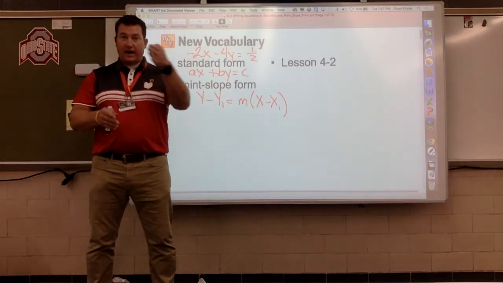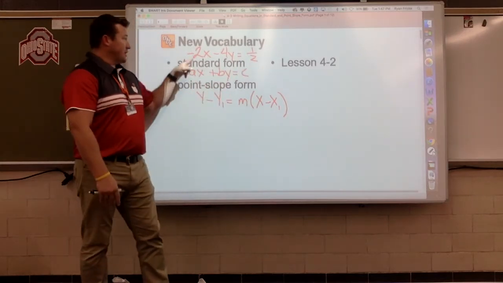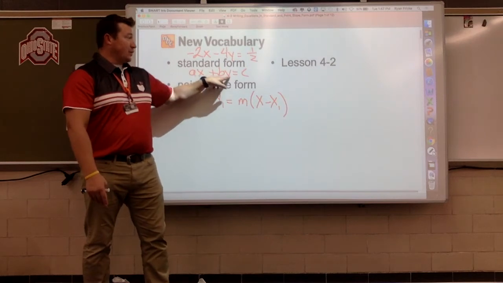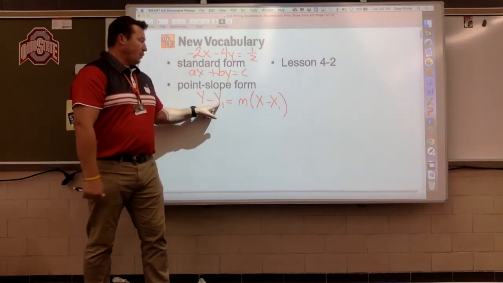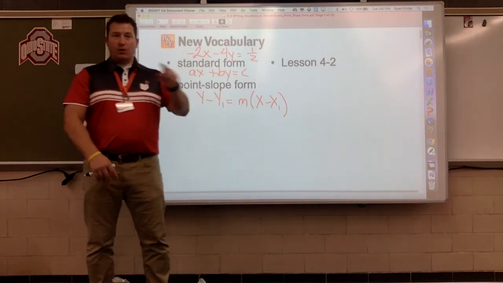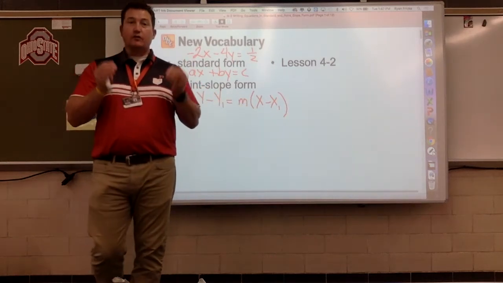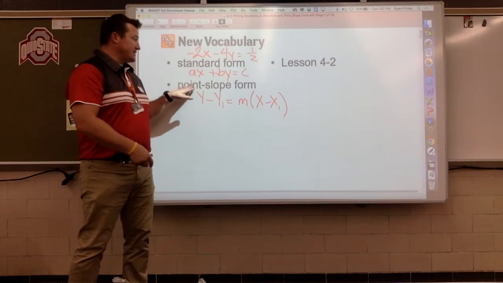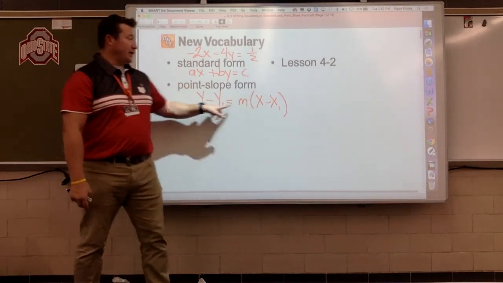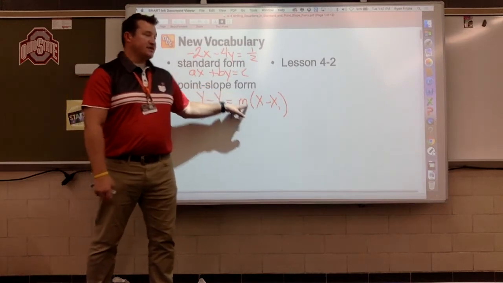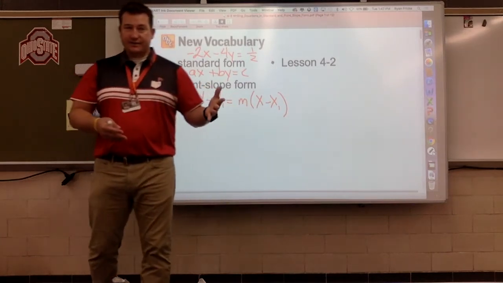Like we know them in y equals mx plus b. Like we know them in ax plus by equals c. Okay? Those are just my x and y variables. y1 and x1, well, that is the point, right, an ordered pair. That's why we call this point slope, okay? So we have a point and we have a slope, right? And then we can figure some stuff out.